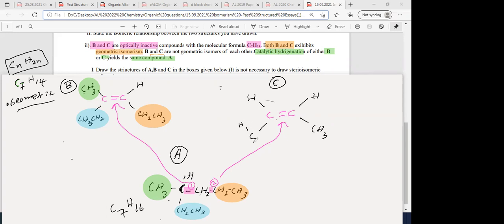Here you get H, CH3, and CH2, CH3. This whole thing becomes one group. Is that clear? This is the other structure.